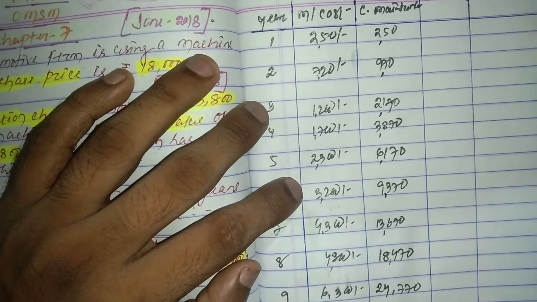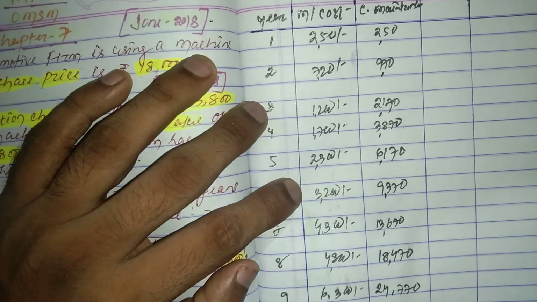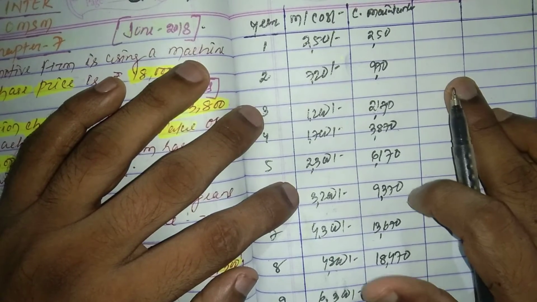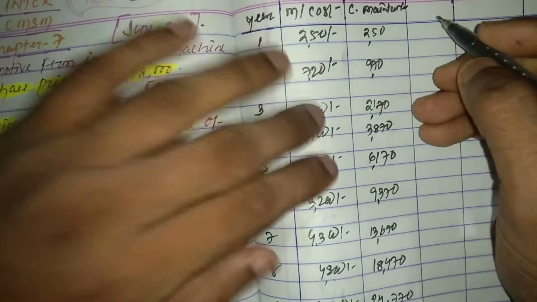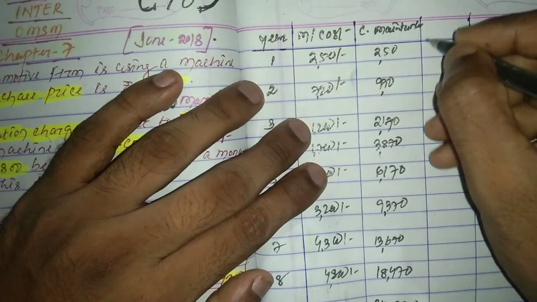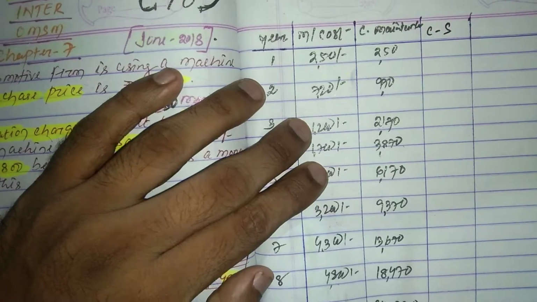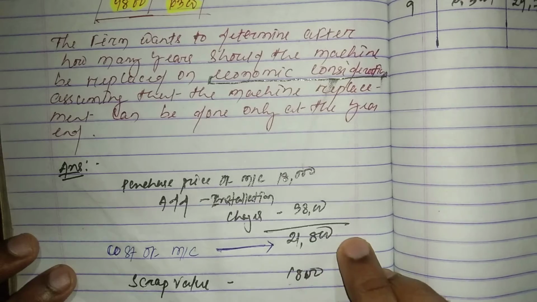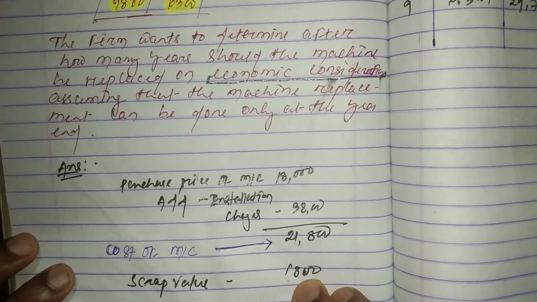Cumulative maintenance is found. Now we have to subtract the scrap value from the cost of the machine. Cost of the machine is 21,800 and scrap value given is 1,800.